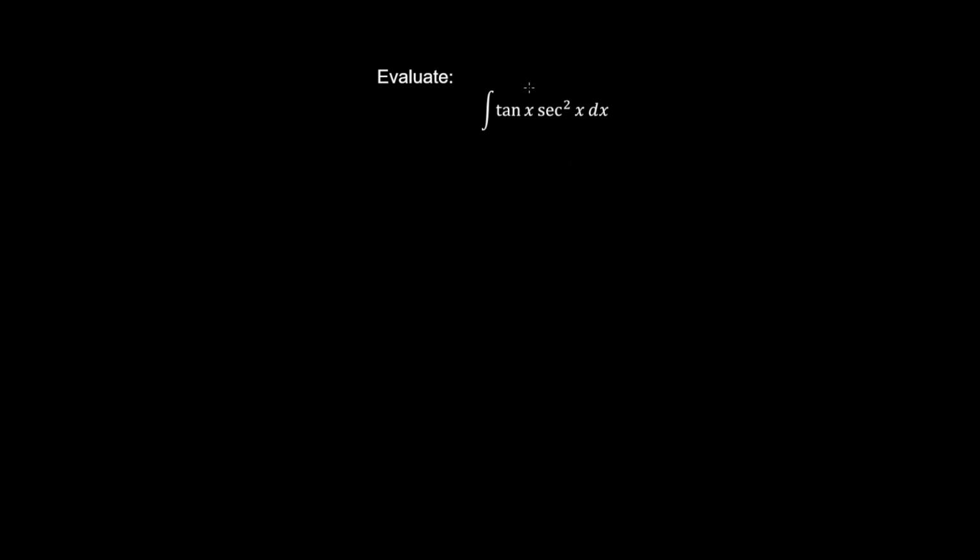Let's evaluate this integral. So you may recognize that the derivative of tan x is sec squared x. So if we let u equal tan x, then du is sec squared x dx.